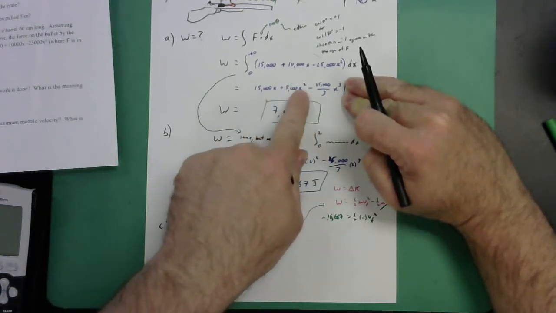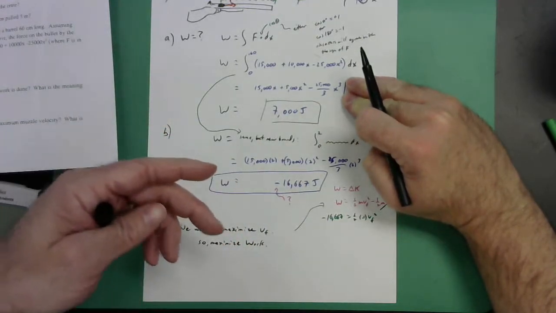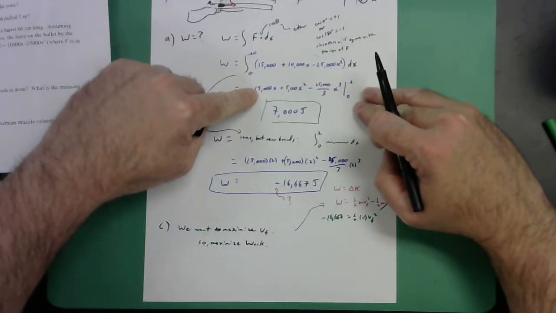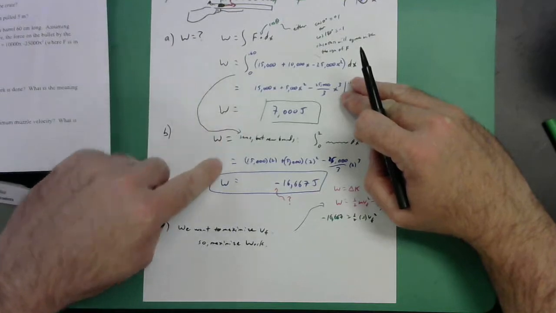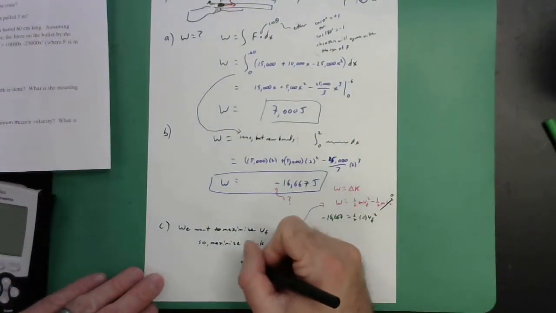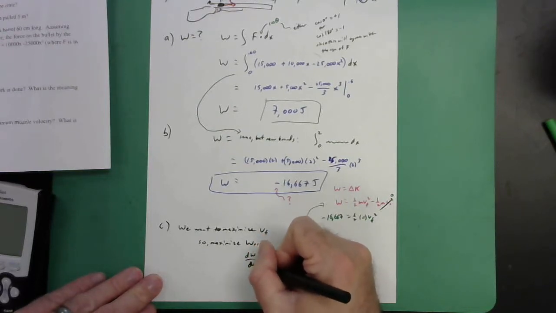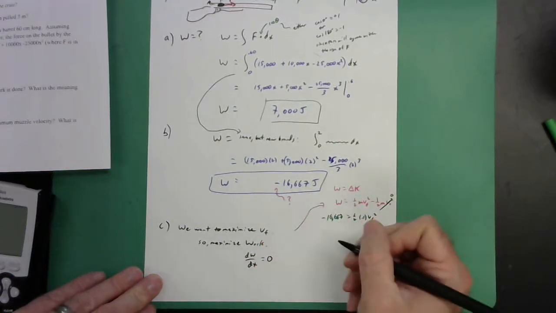If I want to maximize a function, don't I take the derivative and set it equal to 0? But to get this, we took an integral. And integrals and derivatives undo each other. So if I want to maximize the work, I'm going to take the derivative of work with respect to position, since I'm trying to find the position that maximizes it, and set that equal to 0.